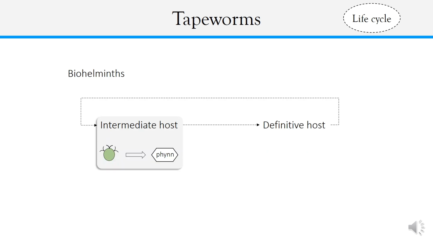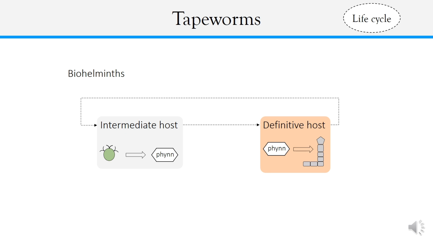When we speak about the intermediate host, this fin will be transferred from the intermediate host to the definitive host. And there, inside of the organism of the definitive host, the fin will be transformed into the mature form of the parasite.